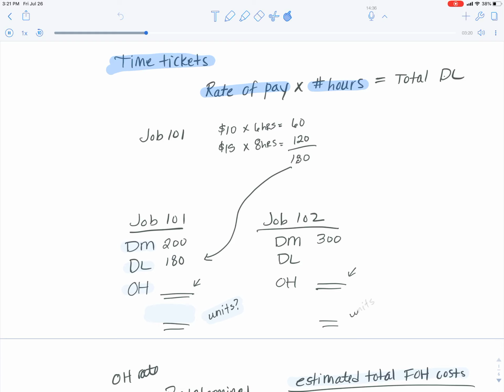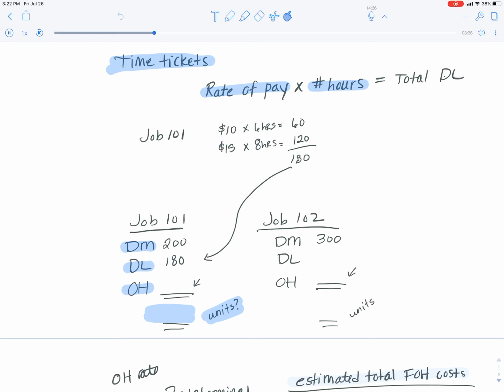So that's going to be the goal: for each job, figure out our direct materials for that job, our direct labor for that job, and our overhead to get a total, and then how many units that job created.